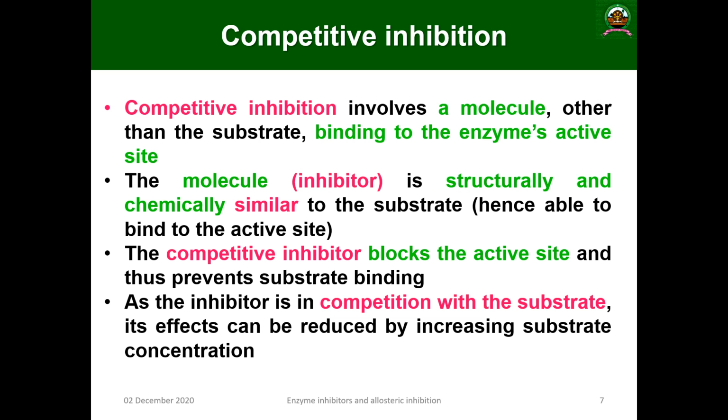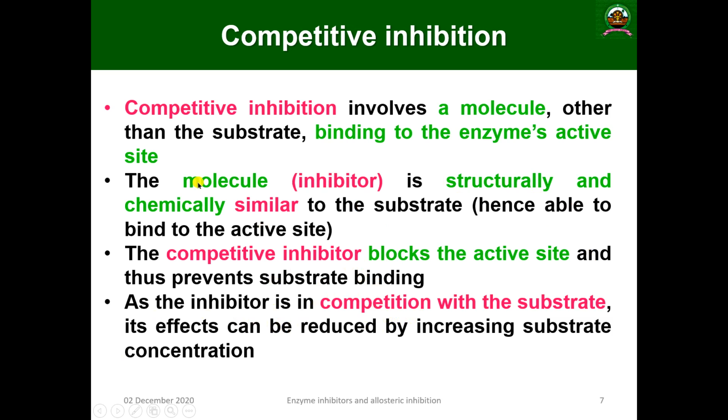That means there is a competition between the inhibitor and the limited substrate. As the inhibitor is competitive with the substrate, these effects can be reduced by increasing the substrate concentration. That is why the substrate concentration is very, very important.